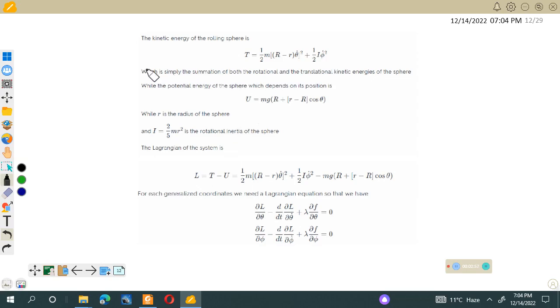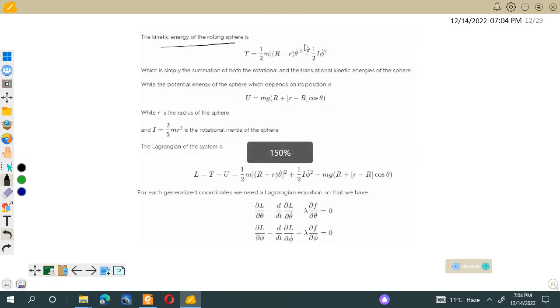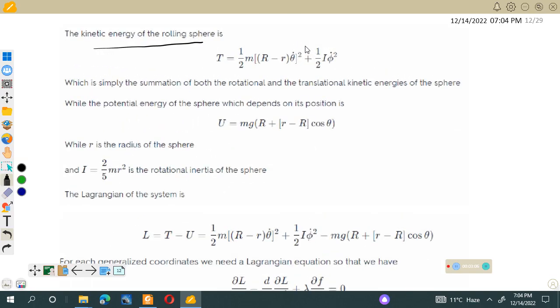So let's go. First, the kinetic energy of the rolling sphere. Because our body is sliding and also rotating, the kinetic energy is m over 2 into v squared plus 1 by 2 I omega squared, translation plus rotation kinetic energy.